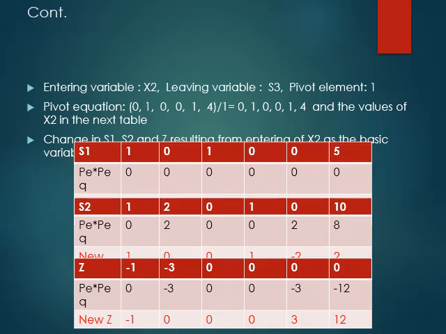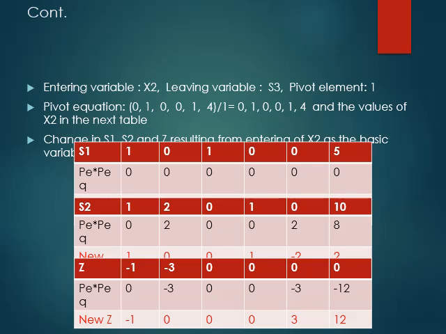Based on the above mentioned rules, entering variable x2, leaving variable S3, pivot element 1. Pivot equation is 0 1 0 0 1 4, and these are the values of x2 in the next table. Now let's follow the impacts of entering x2 as basic variable on s1, s2 and z.